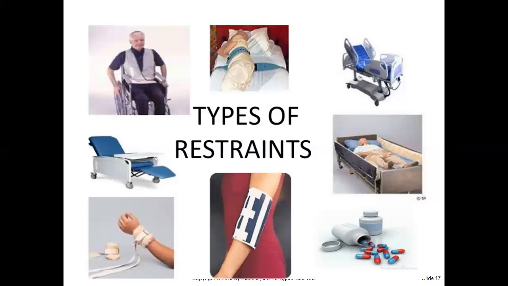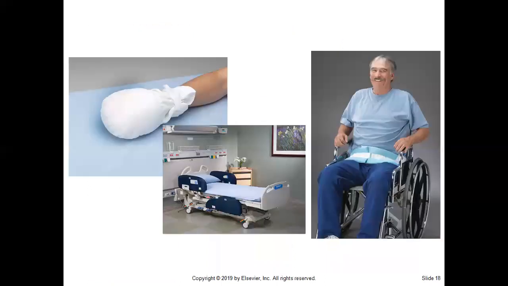Also keep in mind, if a patient has a seizure, do not put anything in the mouth. Place the patient in lateral position, give them oxygen, and put the bed in low position. Also, keep the bed rails up on the sides of the bed.